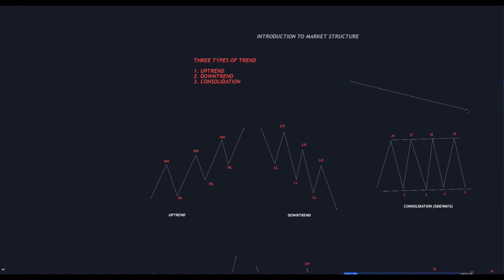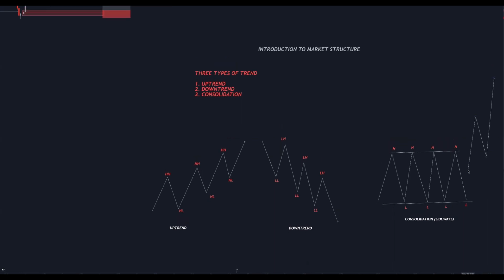If it breaks to the upside, you simply buy. But you don't just buy anyhow. This is the break. After the break, you wait for your higher low. You want to be seen buying at the higher lows after this breakout from the current price action.